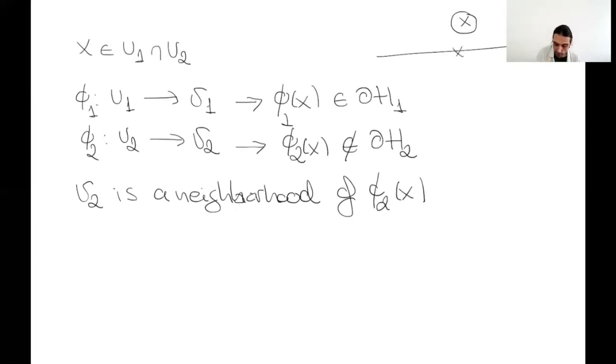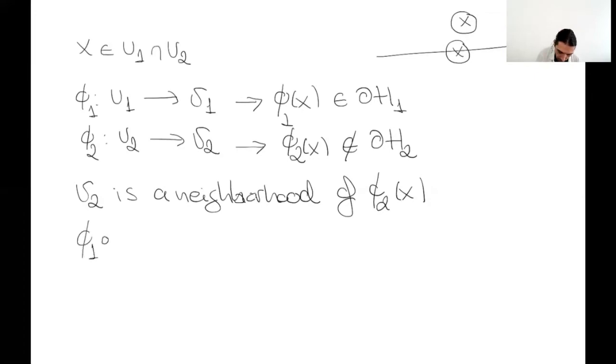It's not a neighborhood of the non-interior points, of the points in the boundary, right? So we have this situation in which B2 is a neighborhood of the image of X by phi2.